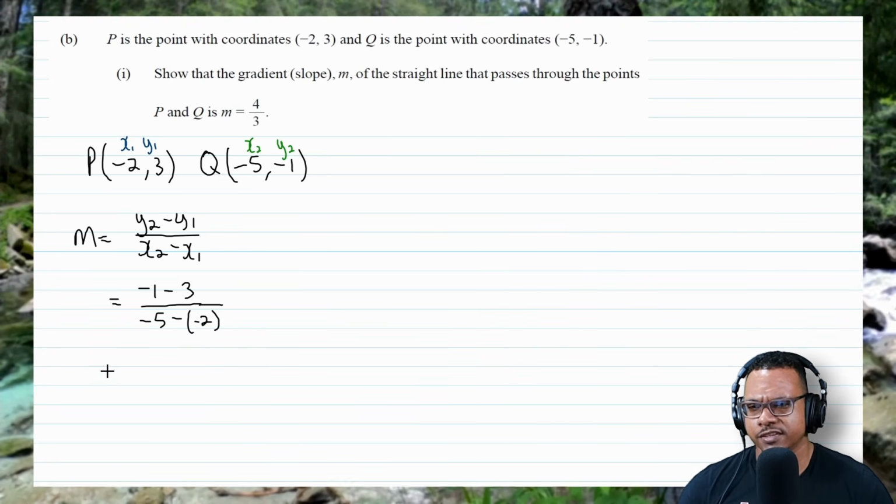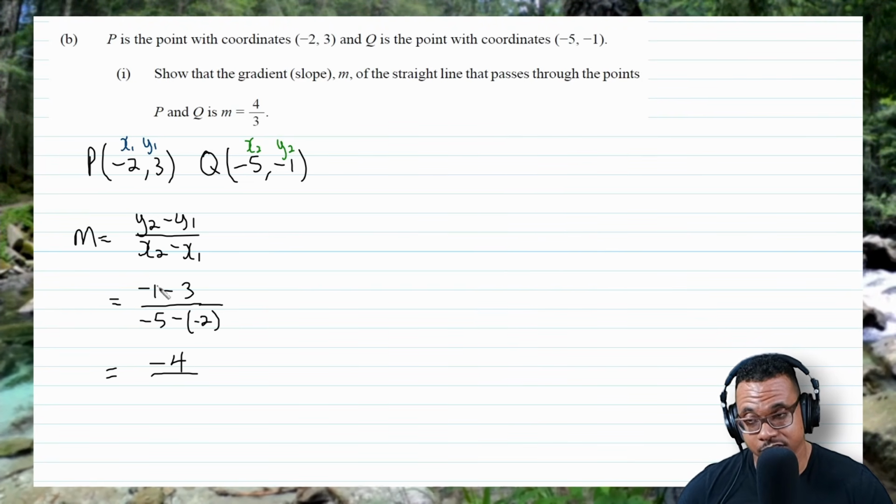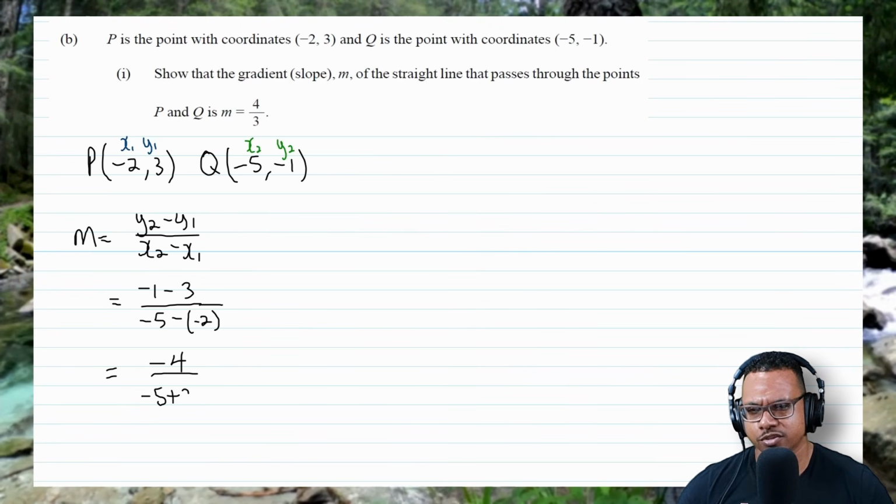All right, so for the numerator, right up here, we have negative 1 and negative 3. So two signs are the same, so you're going to add and keep the negative sign. All right, so we're going to have negative 4, right? 1 plus 3 is 4, keep the negative sign. And for our denominator, we have these two negative signs together, so we're going to multiply them, and negatives are positive. All right, so we're going to have negative 5 plus 2.